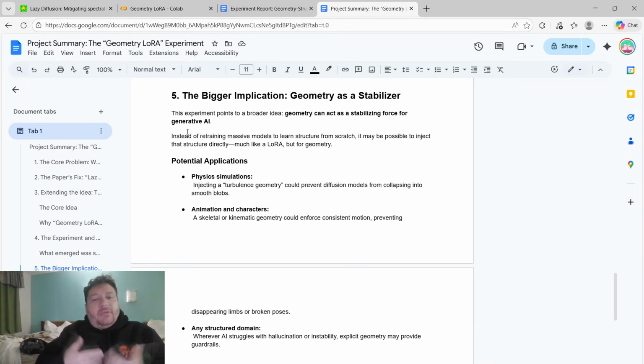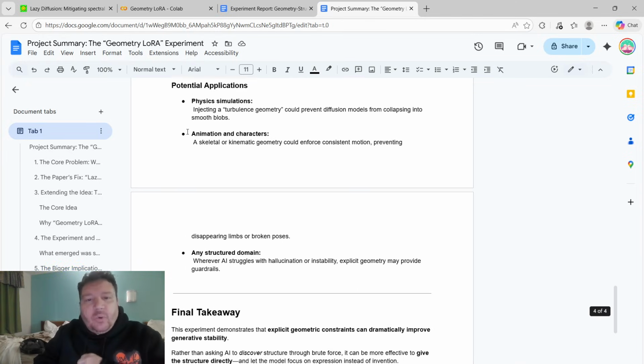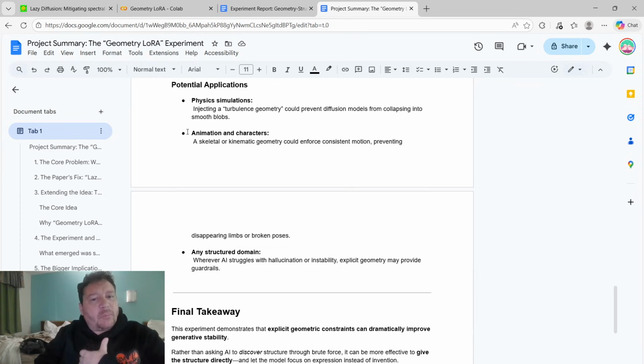As far as potential applications for physics simulations, injecting a turbulence geometry could prevent diffusion models from collapsing into smooth blobs. In terms of animation and characters, a skeletal or kinematic geometry could enforce consistent motion, preventing disappearing limbs or broken poses. And on any structured domain, wherever AI struggles with hallucination or instability, explicit geometry may provide guardrails.